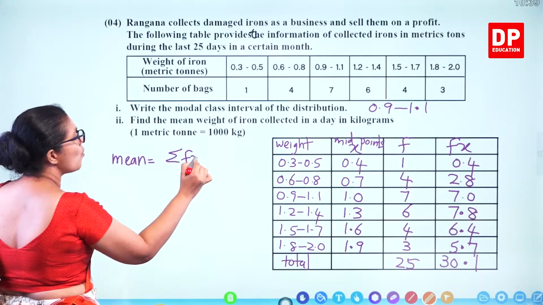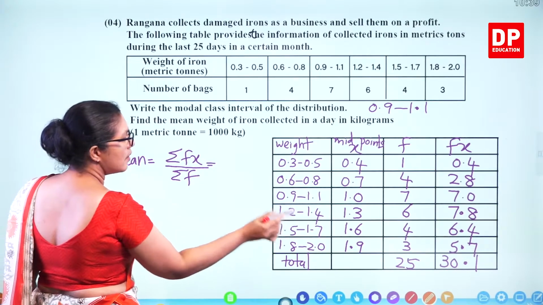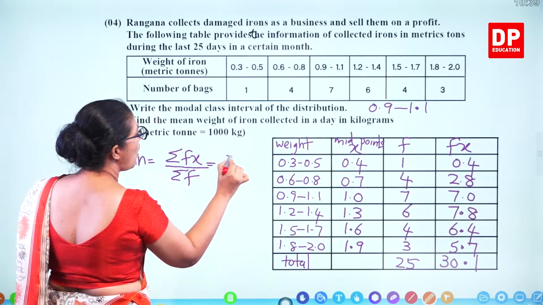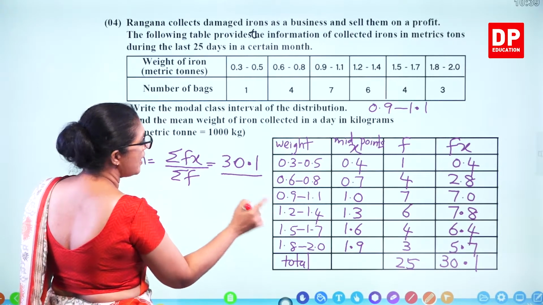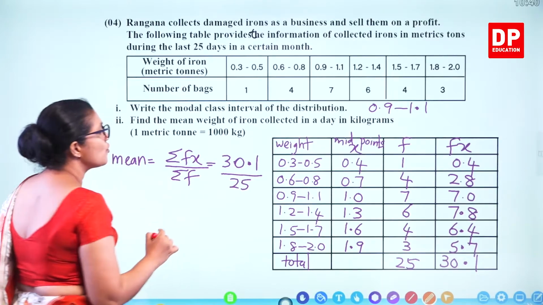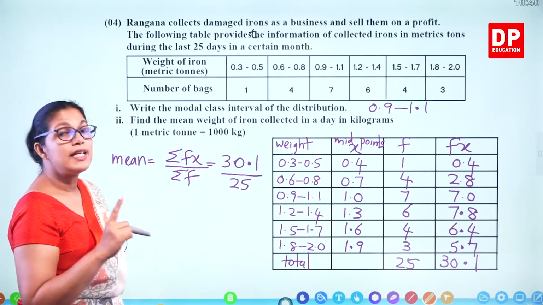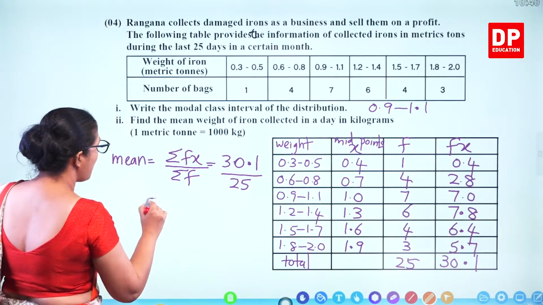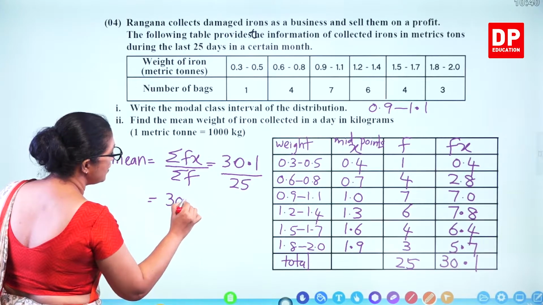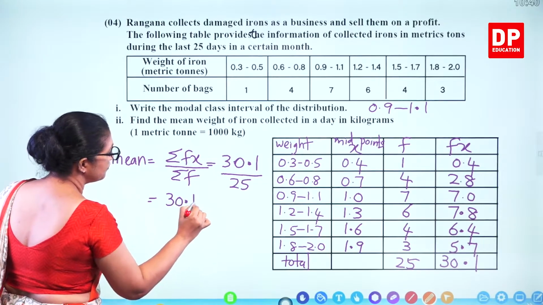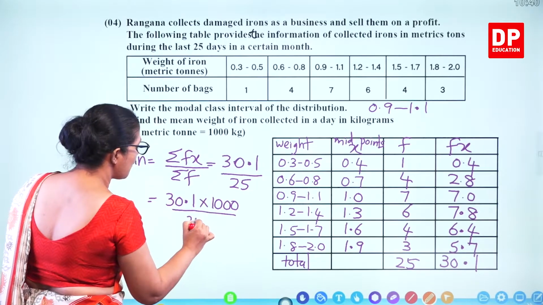So how do you find the mean? Sigma fx, total of fx over sigma f. 30.1, this is in tons, divide by 25. So you can find the mean value in kilograms by multiplying by 1000. So 30.1 multiplied by 1000 over 25.